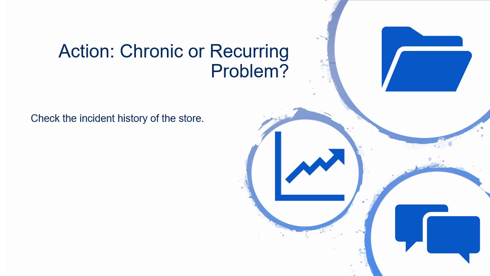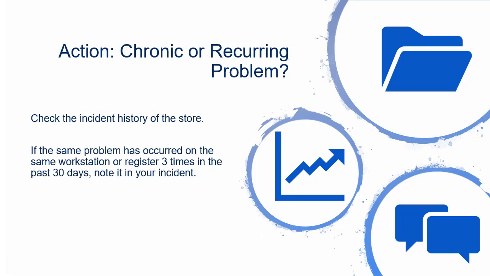So here's some other actions you can take, particularly if you hear there was a chronic or recurring problem, but even if not: checking the incident history of the store. You would be amazed. You might find out they've been reporting the same problem weekly for 3 months, and they won't tell you.